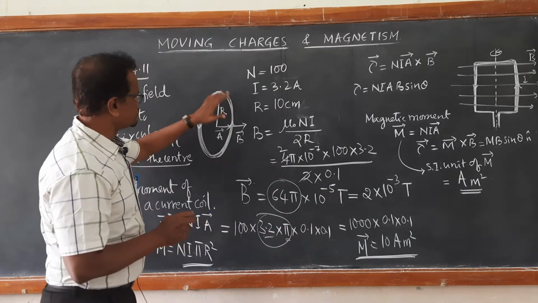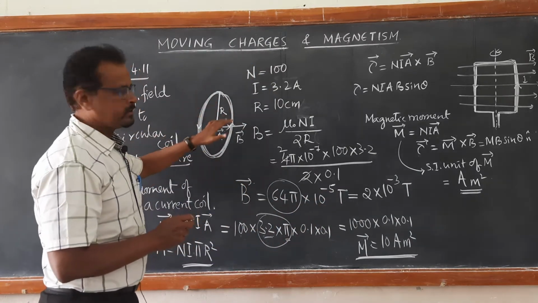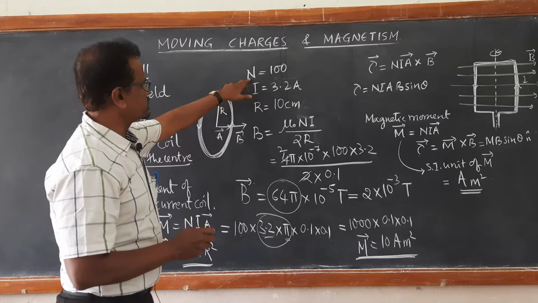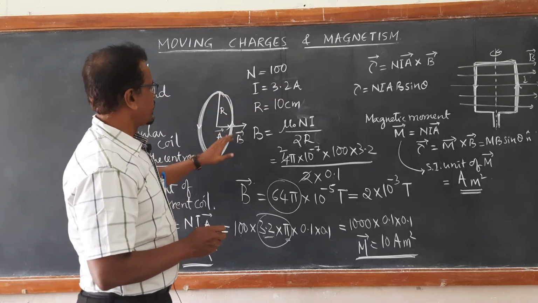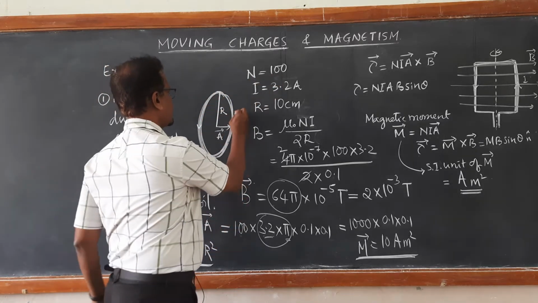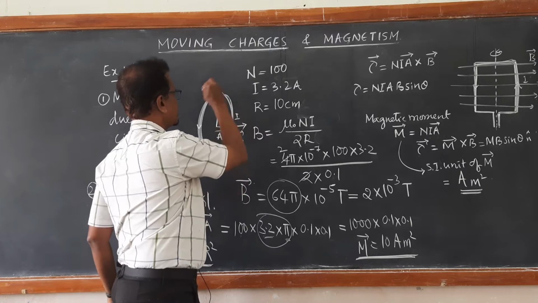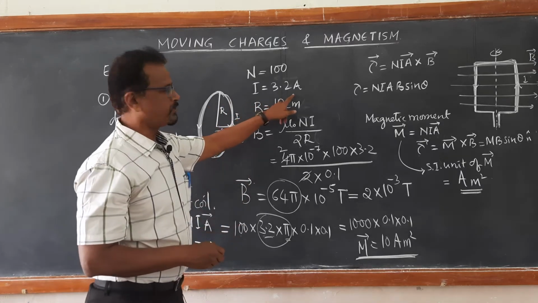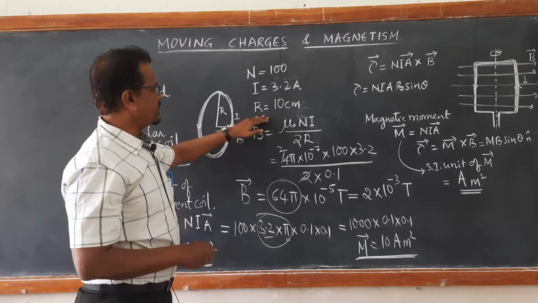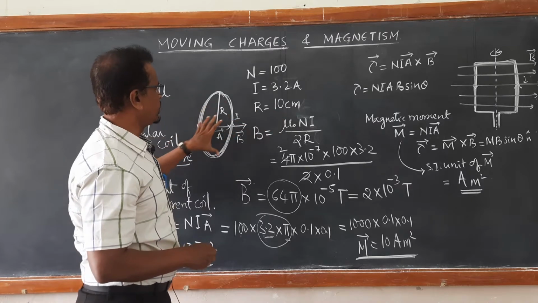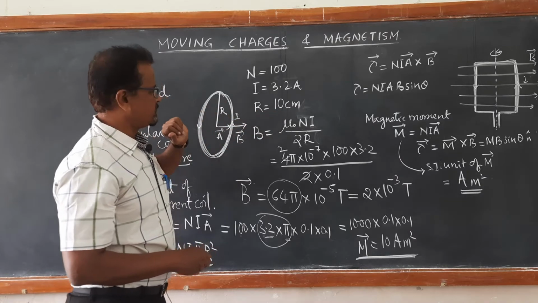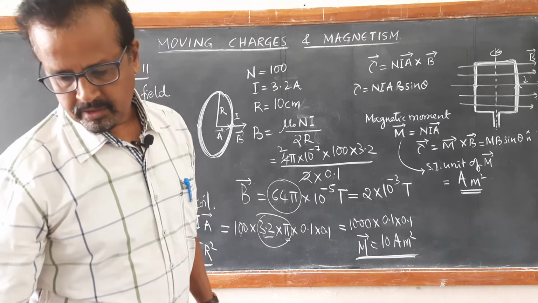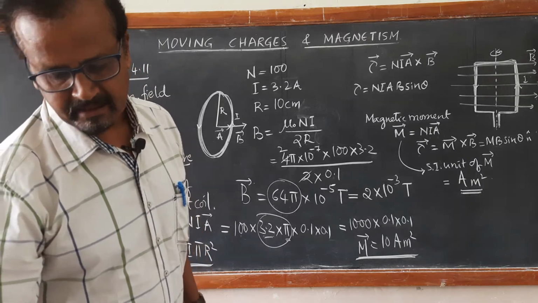I have drawn a circular coil having N equal to 100 turns, carrying current I, you can see current I in the anticlockwise sense, 3.2 amperes, and the radius of the coil is 10 centimeter. First, what is the field at the center of the coil?